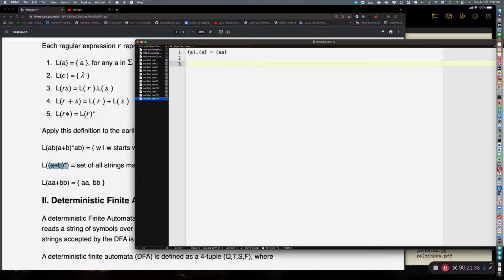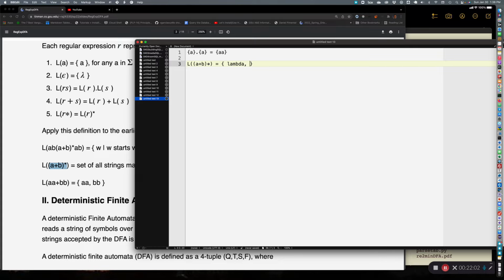So L of (A+B)*, I probably need one more parenthesis here, L of (A+B)* would be all strings, including the empty string. I don't know how to put lambda here, so I'll just say lambda, but that's the empty string.